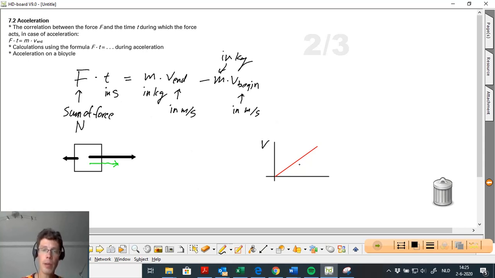Then the formula becomes a little bit easier, because here this is v begin and v begin is 0. So if I fill in 0 here, then this part drops out and I get F times t equals m times v end.